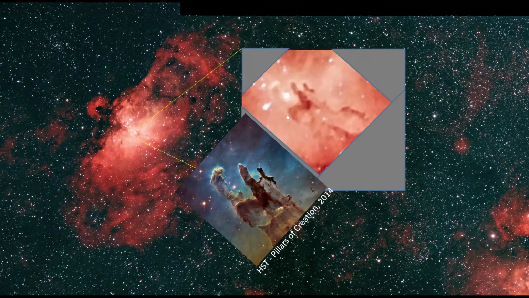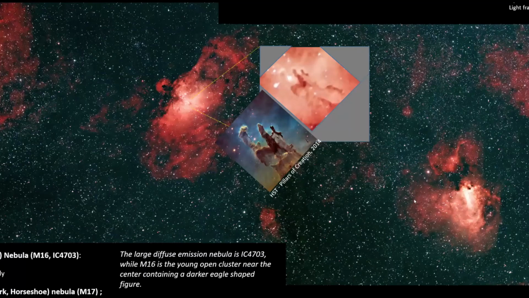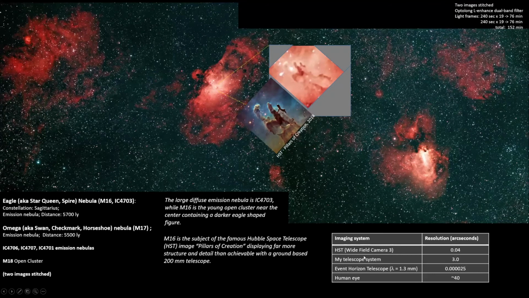But you can see the basic features, this main feature here, and these two pillars here. So even with a one-shot color camera on an 8-inch ground telescope, you can get some semblance of a version of the Pillars of Creation.